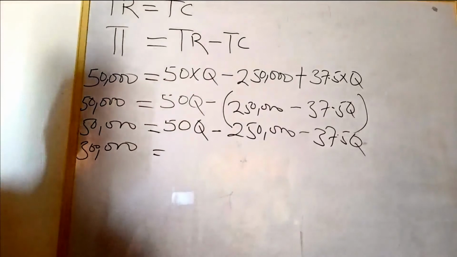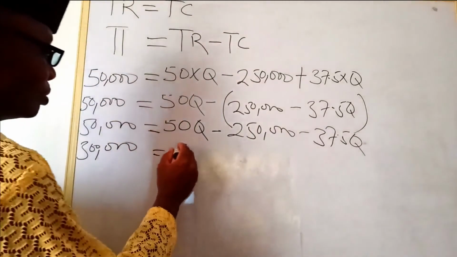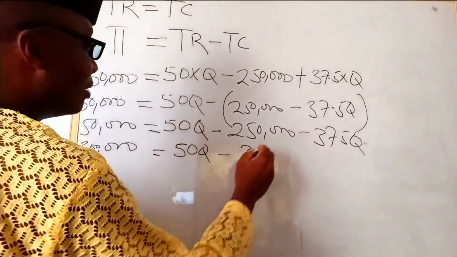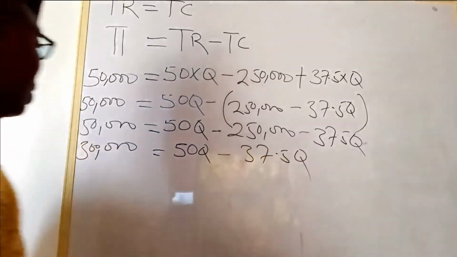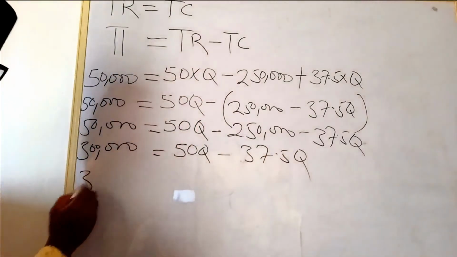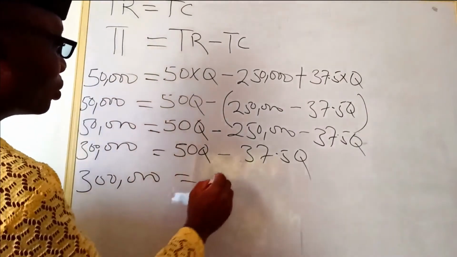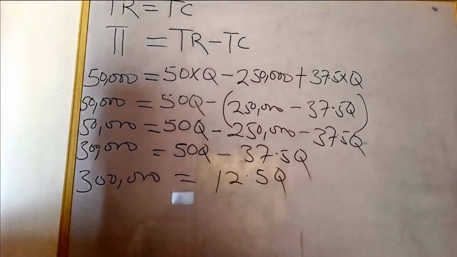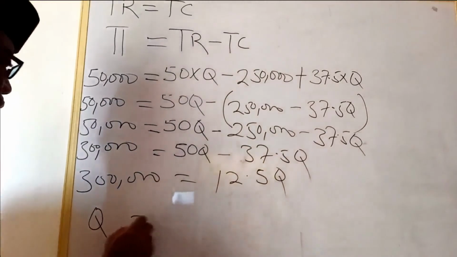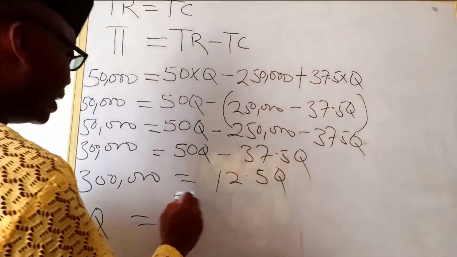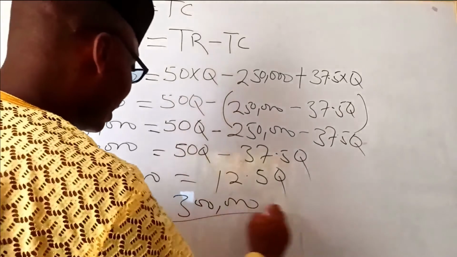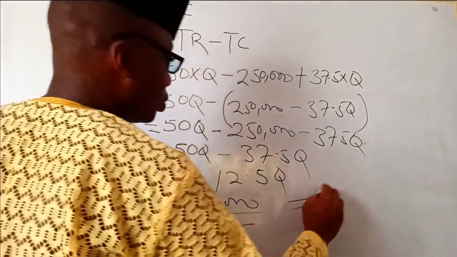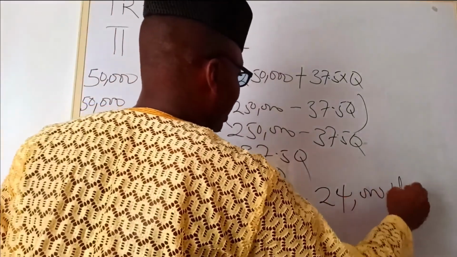Our equality sign is back here. Then our 50Q minus this, we are collecting like terms, 37.5Q. So we have 300,000 equals 12.5Q. We are looking for Q. When you divide 300,000 by 12.5, you have your answer of 24,000 units.